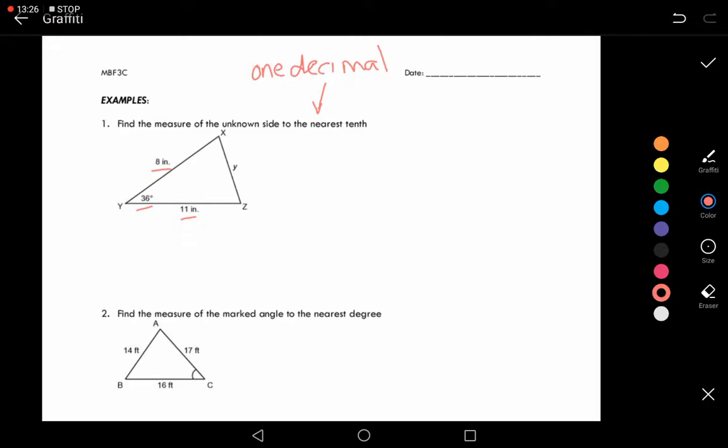Okay, so because we're trying to find the side length, we're using that first box of those formulas. We're looking for side Y, so I know that's going to be on my left-hand side. Remember from your formula, it is squared.